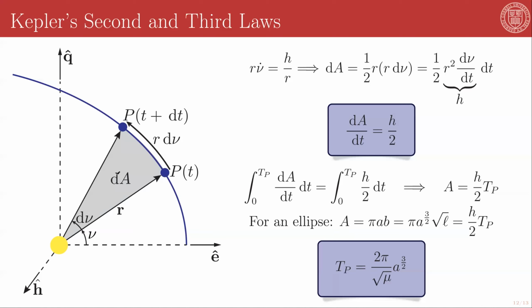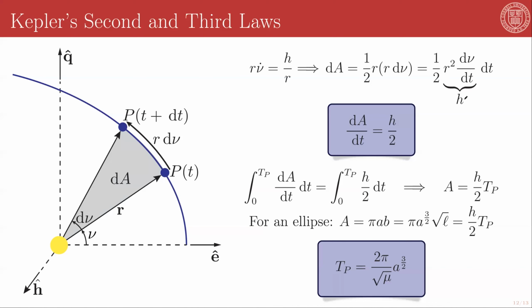Geometrically, we can describe this differential area element as 1/2 of r times r d nu, 1/2 of the base of the arc times the arc length, which we can then rewrite as 1/2 of r squared d nu over dt times dt, taking advantage of the usual calculus operation of multiplying out differentials.